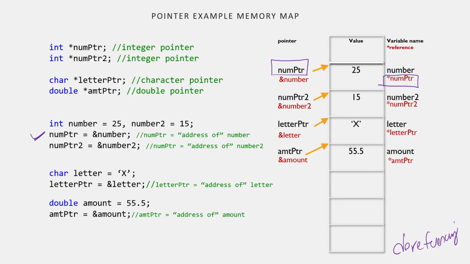I can access this number either with the variable number or with the value at num pointer. That's what dereferencing is, value at. You're taking the pointer and you're getting to its value.